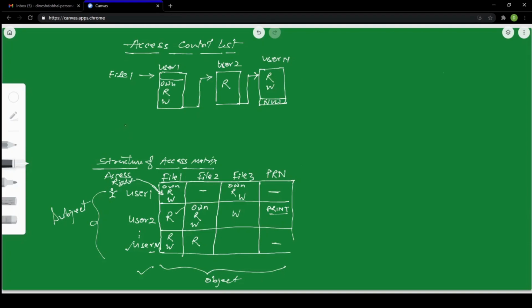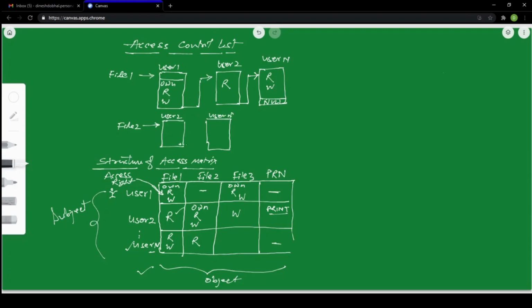The same is true for the file 2. One more list will be created for the file 2, because there are two users who can access file 2, so it would have two blocks only. This is the first block and this is the second block. This object is pointing to the first block, who is the user 2, and this block is for user n.